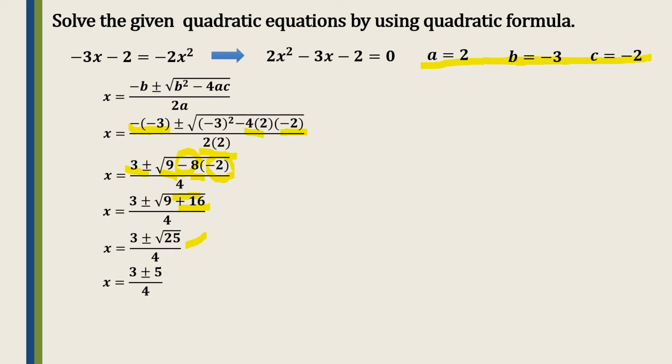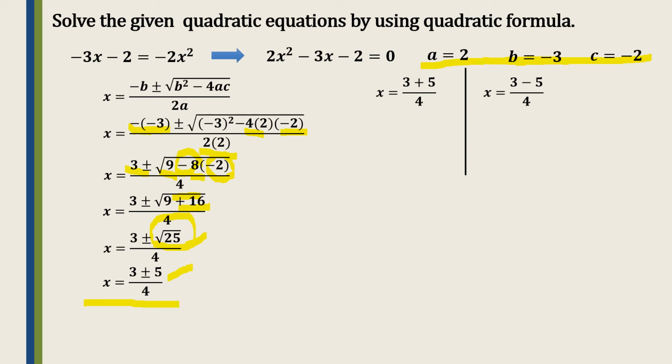Next, x equals 3 plus minus 5 all over 4. Square root of 25 is 5. Ngayon, ihiwalay natin ang dalawang equation. Magkakaroon tayo ng x equals 3 plus 5 all over 4 and x equals 3 minus 5 all over 4.